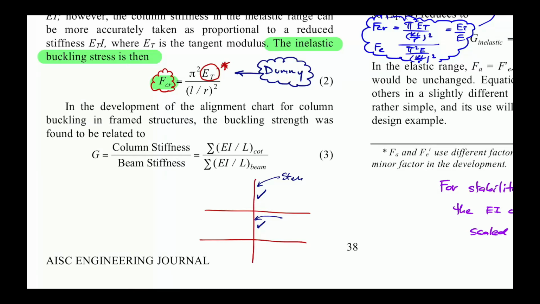So you have 12 EI over L cubed, right? 6 over L squared, 6 over L squared, 4 EI over L. This part here is actually the rotational stiffness of the frame element. So we just take the ratio between the column and the beam, okay, and the E is there, so we have the flexibility.